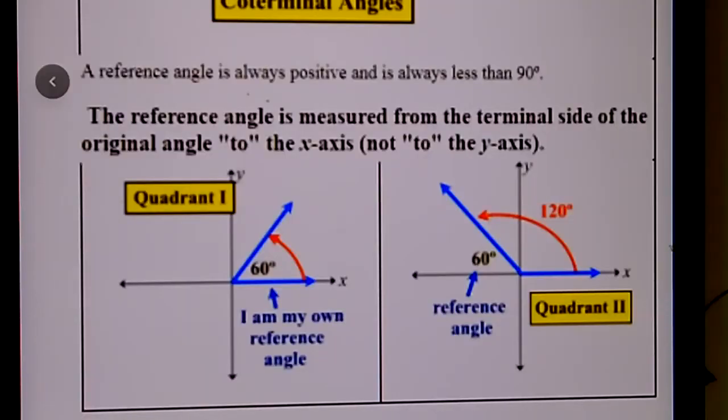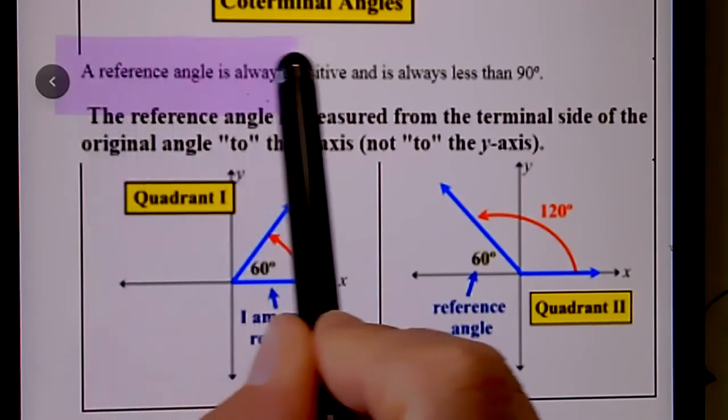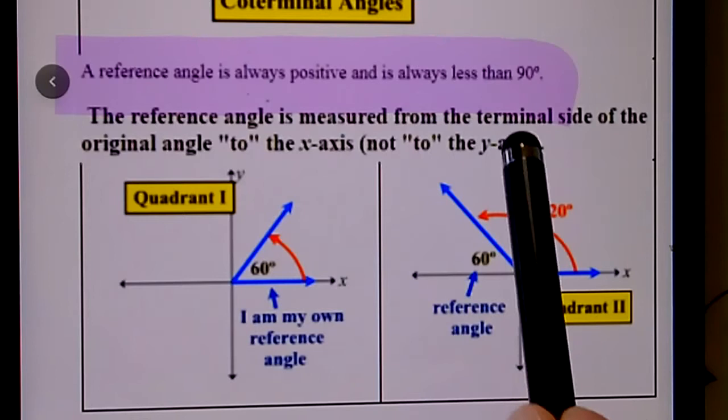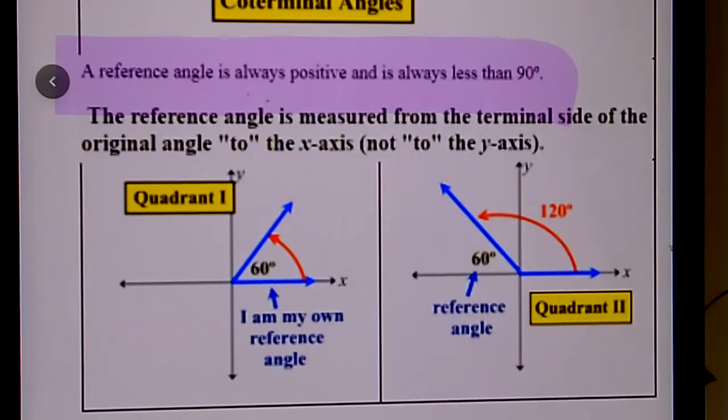Now, I had talked about a reference angle a second ago, and a reference angle is the angle that's always positive, and it's always less than 90 degrees. So it's always going to be in quadrant 1, okay?